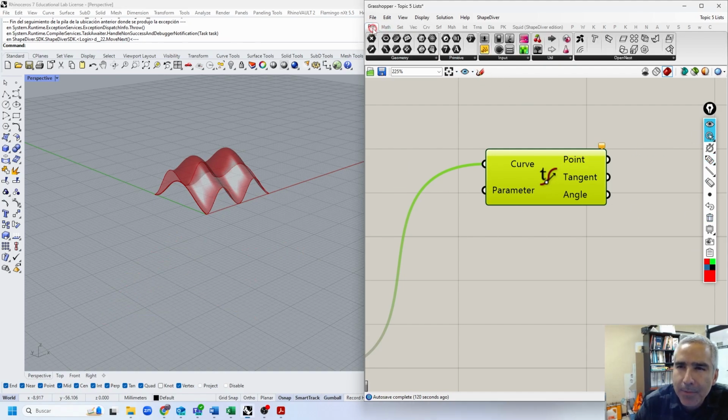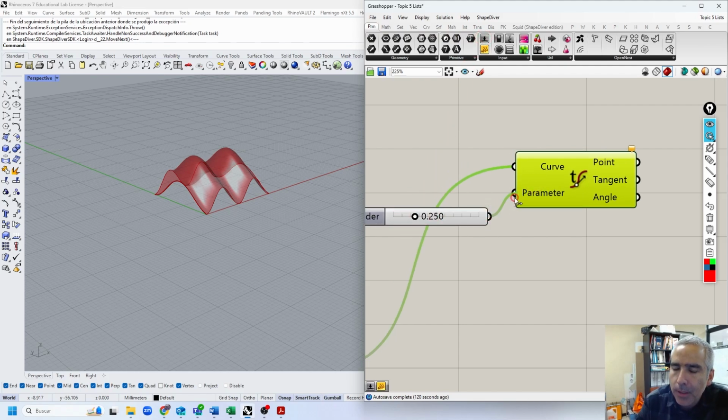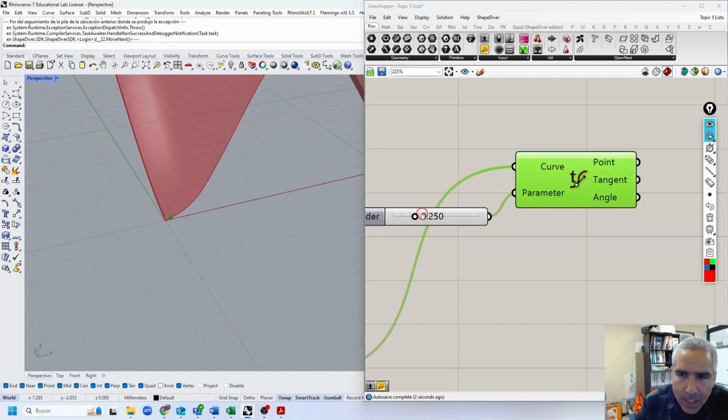Let's grab a slider and plug it into the parameter input of this component. Right now, at 0, you can see that the point is here at t equals 0. If I move this slider over here, you can see that the point is at t equals 1.